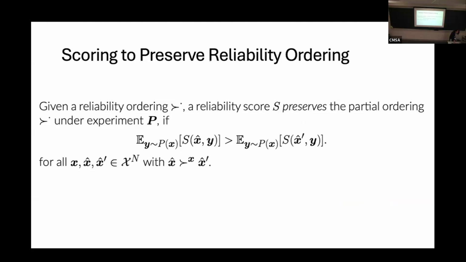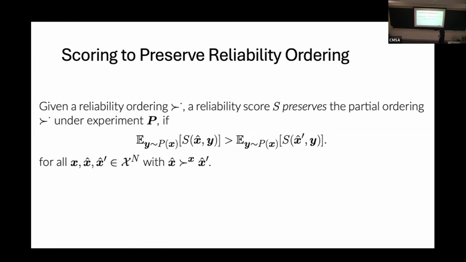Okay, so now I can formally state what our goal is. We want a score to preserve the reliability ordering. Suppose you care about a particular reliability ordering, could be one of the three that I talked about.